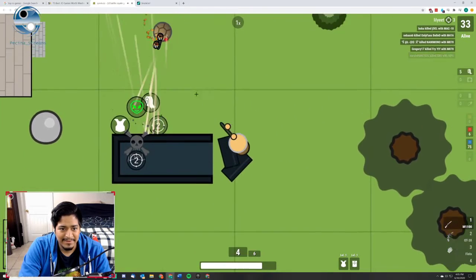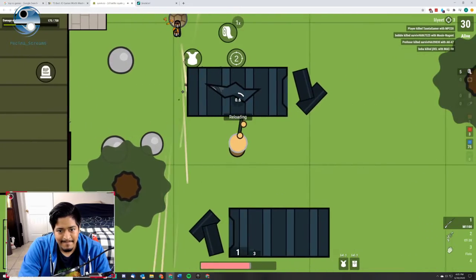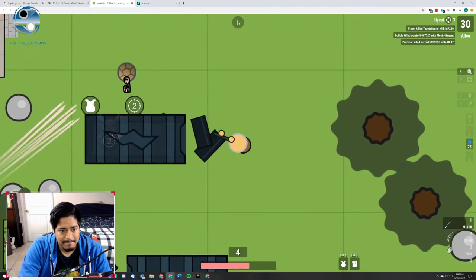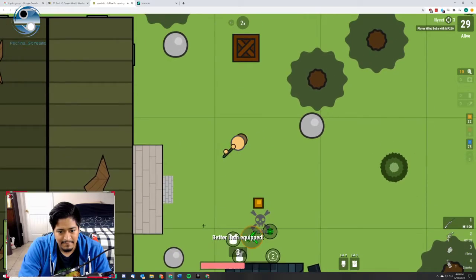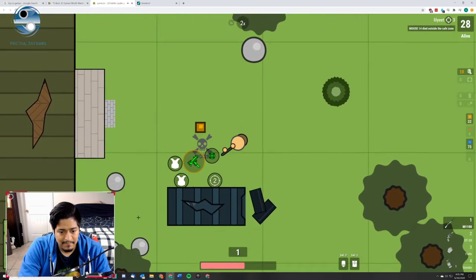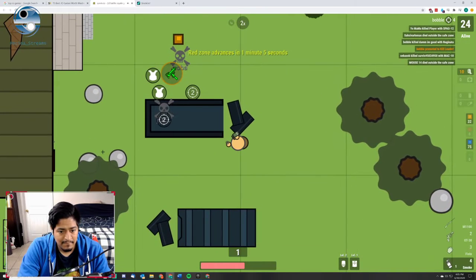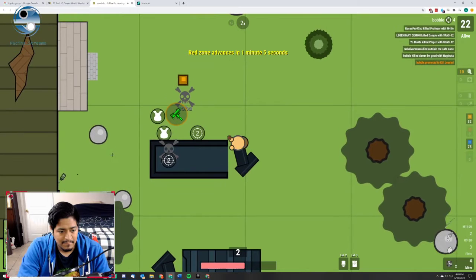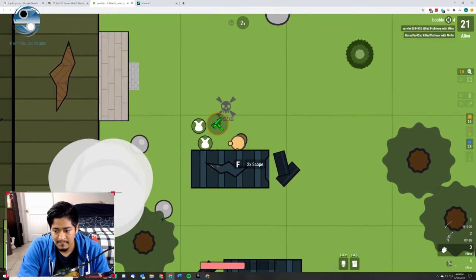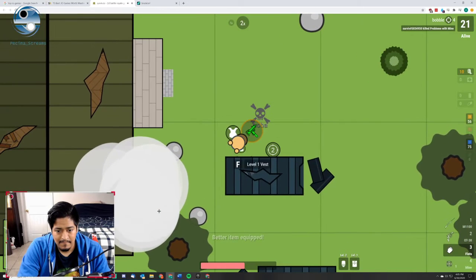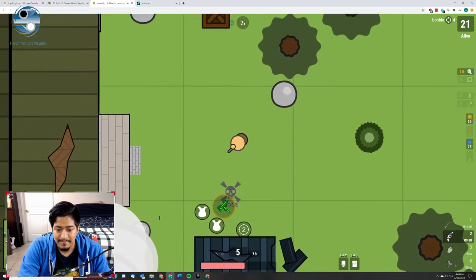This place has already been picked. Yeah, nothing there. Spawned 2 times.